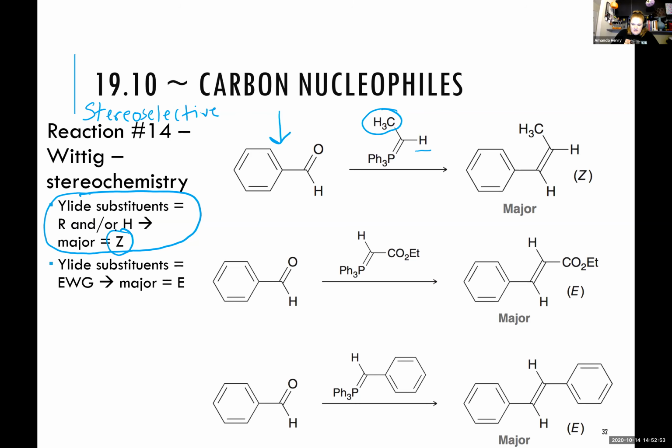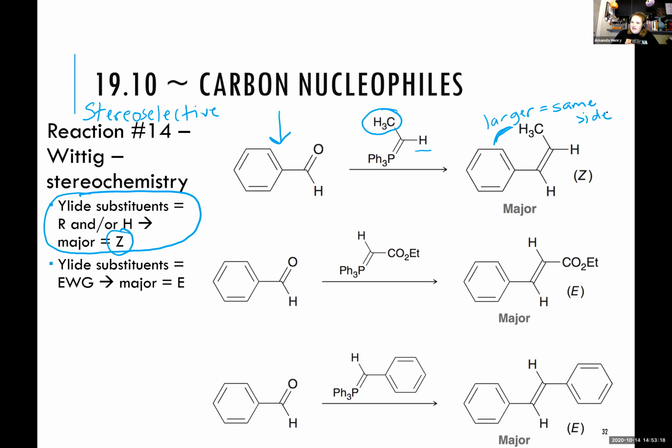When it's saying Z, it means that the 2 larger groups are going to be on the same side. We can't call it cis because we might not be using an aldehyde. We might be starting with a ketone. So really, we're just thinking the larger groups are on the same side.